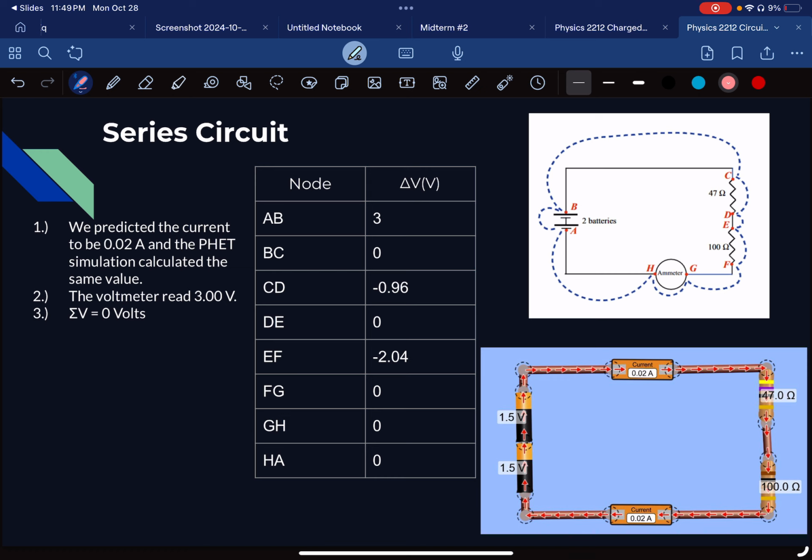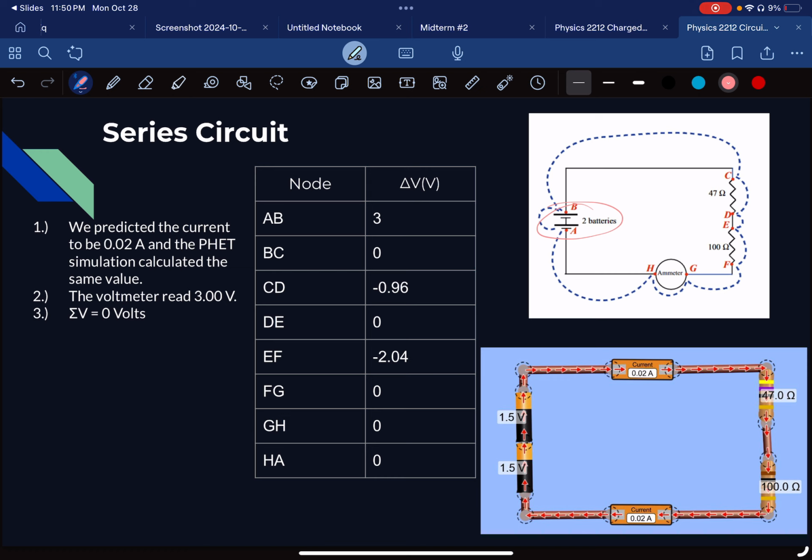And within the series circuits that we constructed, we have of course our two batteries, we have our ammeter, our two resistors of different magnitudes of resistance, and another ammeter on our circuits. And of course, at each node, there will be differences in electric potential.